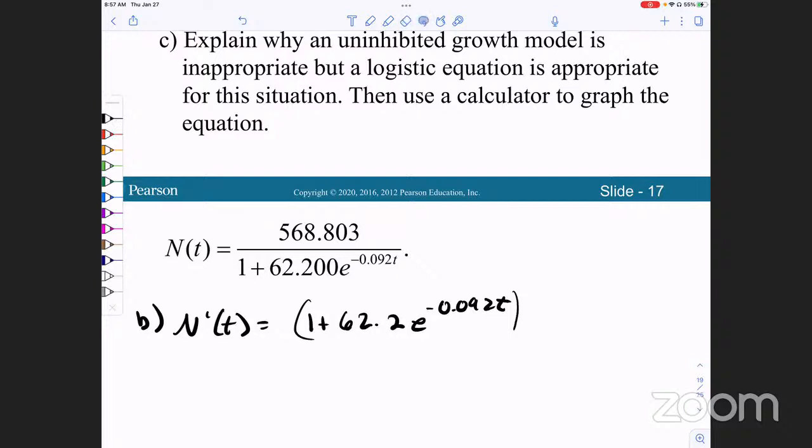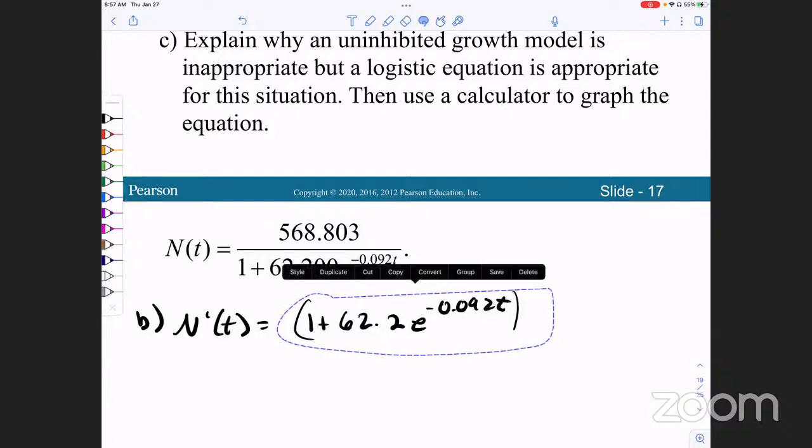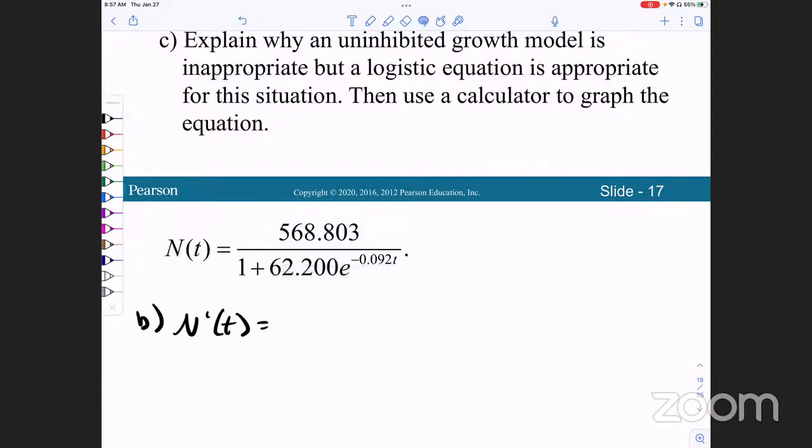So the bottom times the derivative of the top is 0, so that first part collapses to 0, right? So we're going to say the bottom times the derivative of the top minus the top times the derivative of the bottom.